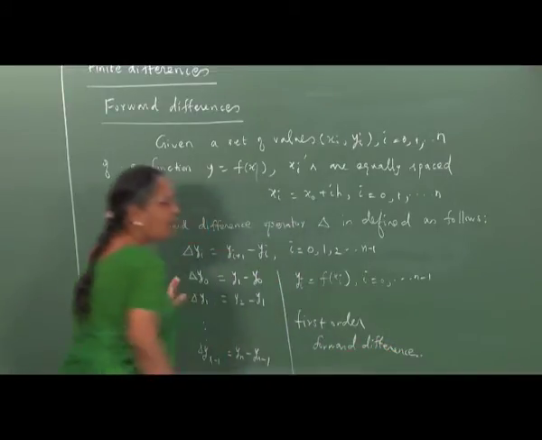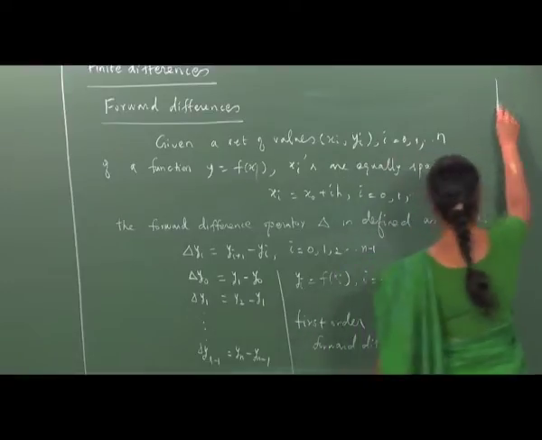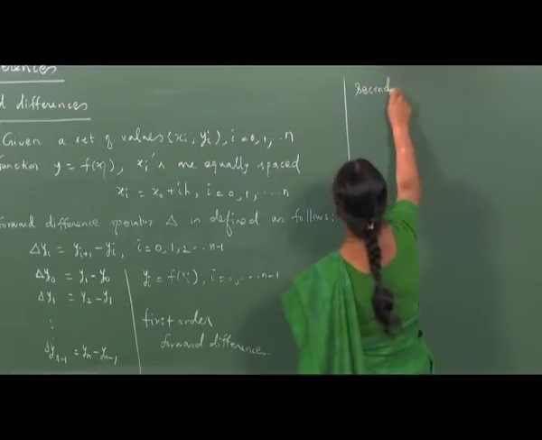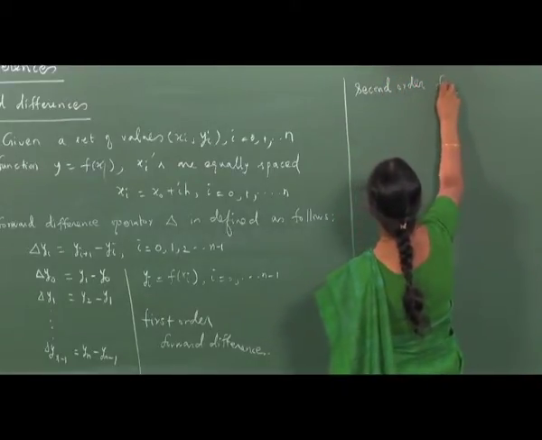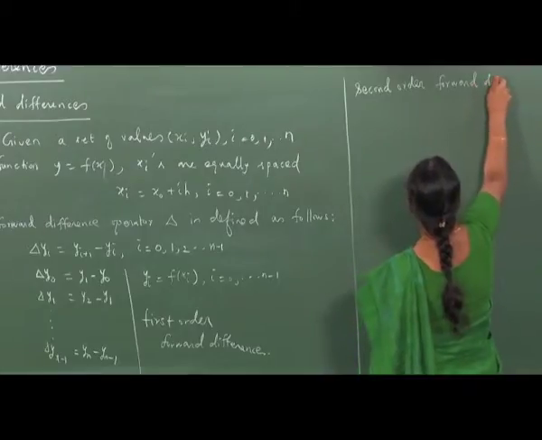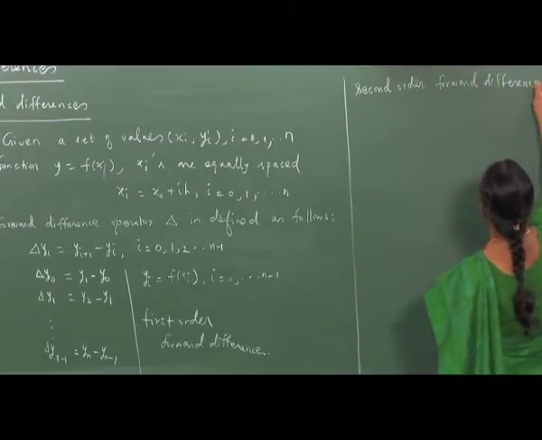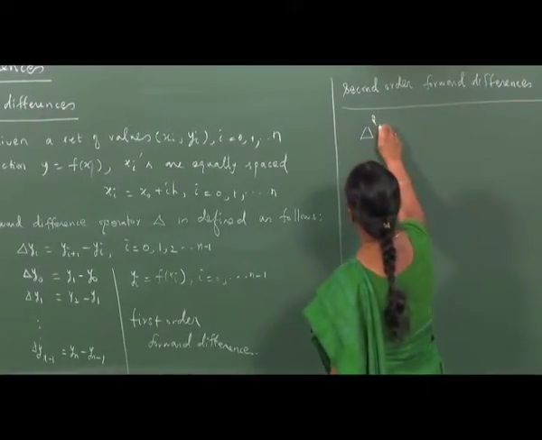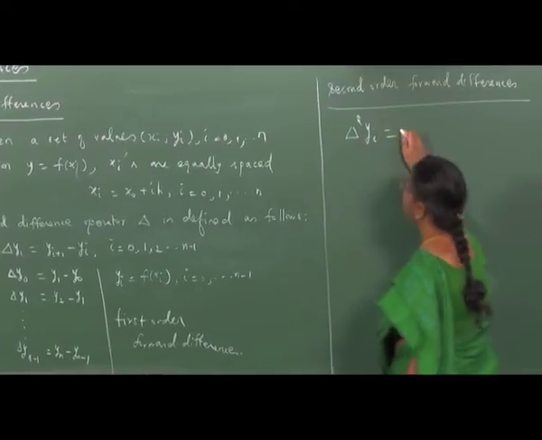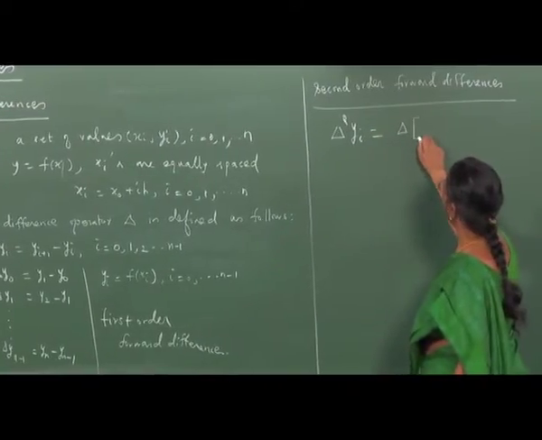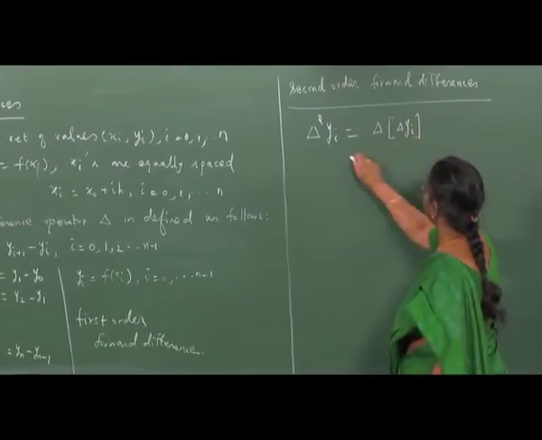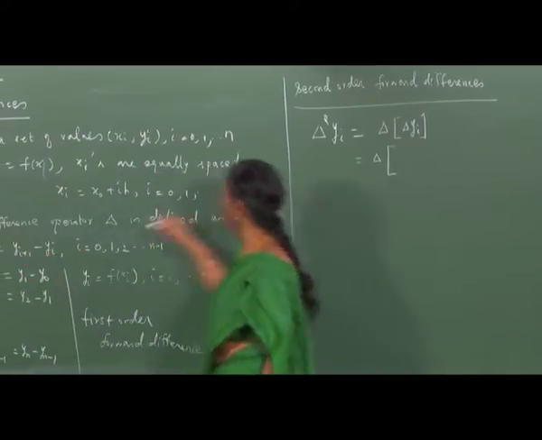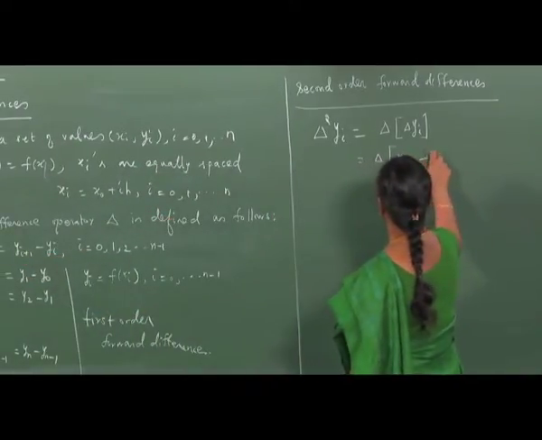The higher order forward differences can be similarly obtained. Say if I want the second order forward differences, then I would like to get del square on yi. So, this will be delta on delta yi. We know delta yi is yi plus 1 minus yi.